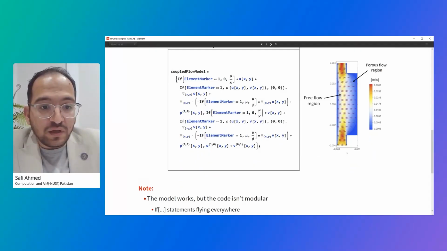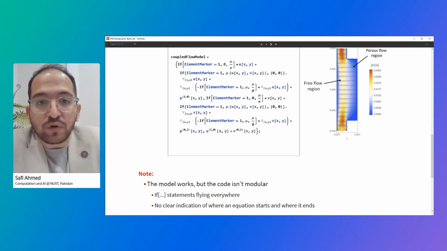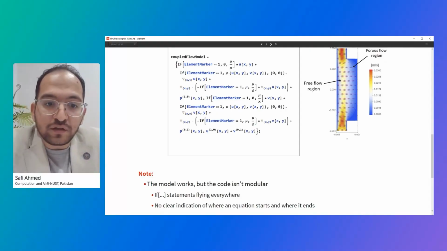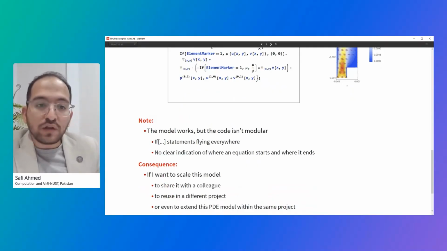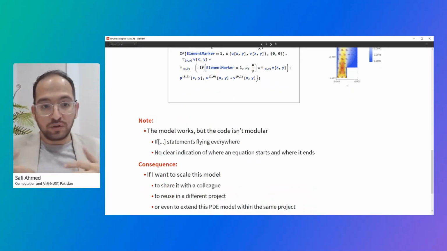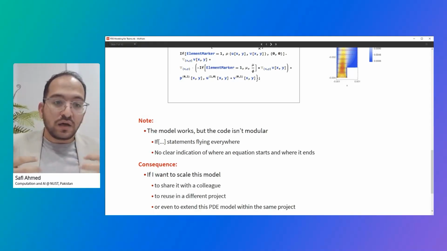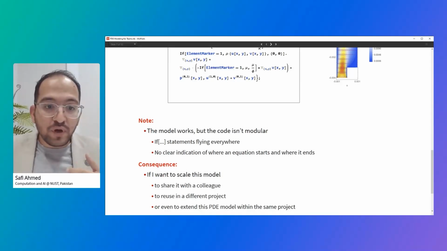Note that yes, this model works, this code works, but it's a very short sighted approach to writing your code. The consequence is that you cannot scale your model, you cannot share your model with a colleague really well, and you cannot reuse this code elegantly in a different project.